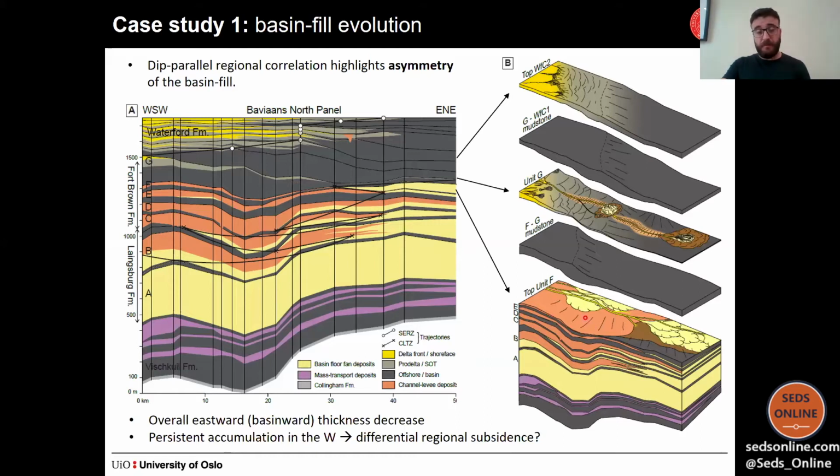But what I want you guys to see here is that there is a significant eastward decrease in thickness. And there seems to be a persistent accumulation of sediment to the west, which does suggest that there was potentially some differential regional subsidence from the west to the east. And we're going to talk about this later, because that might be potentially important.